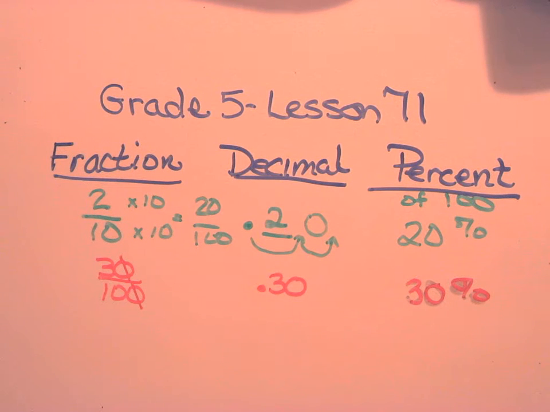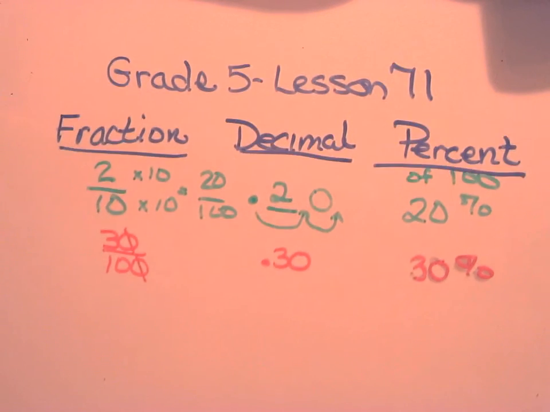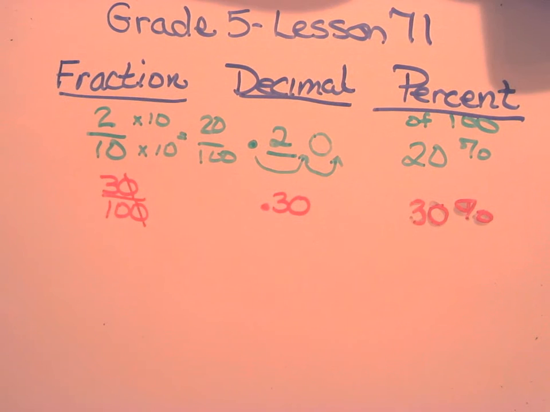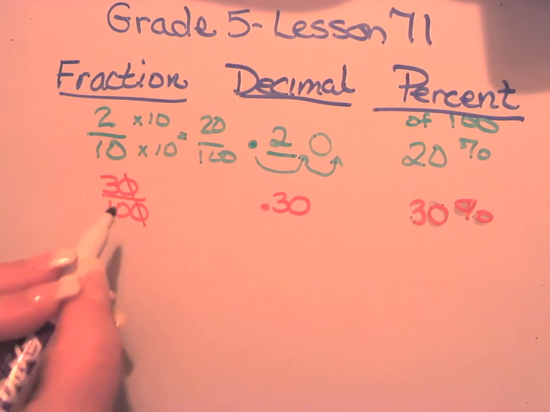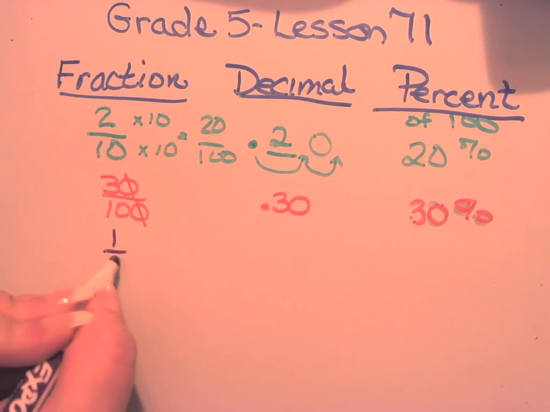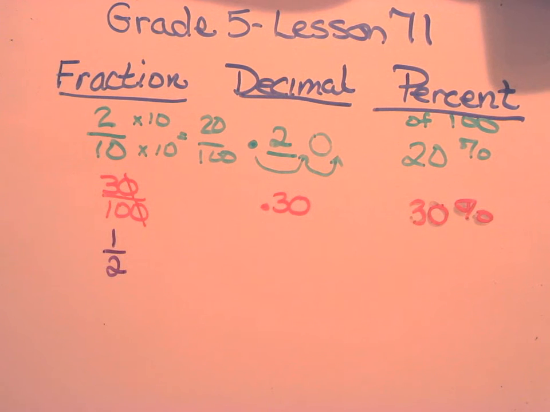When you look at numbers that don't have that number in the bottom, so let's say it's not a 10, it's not a 100, then what do we do? Well, let's say we have 1/2. If we have 1/2, a fraction we're familiar with, how do I get it to my decimal point?